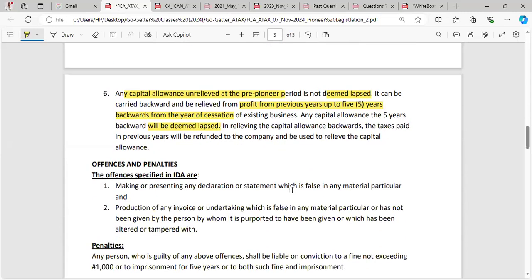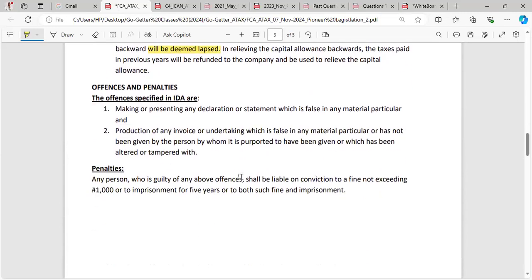Now, what about the offenses? Anybody making any false declaration is liable. Also, production of any invoice or undertaking which is false in any material particular makes you culpable.